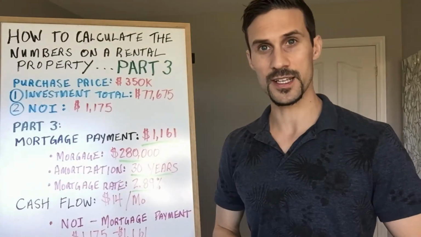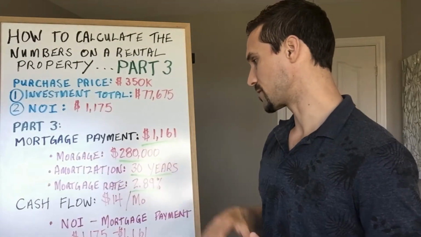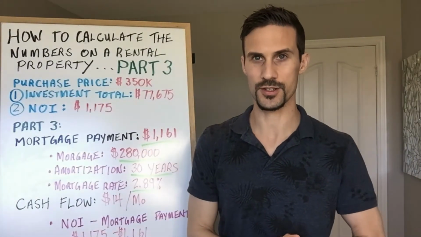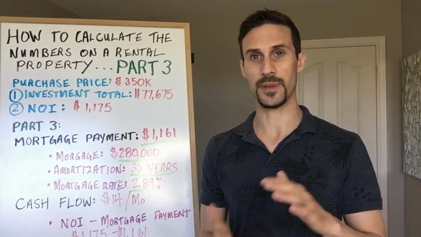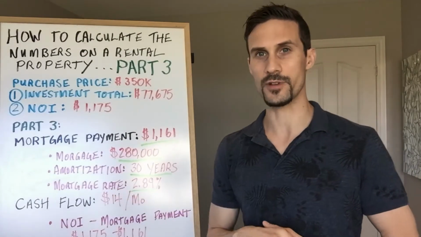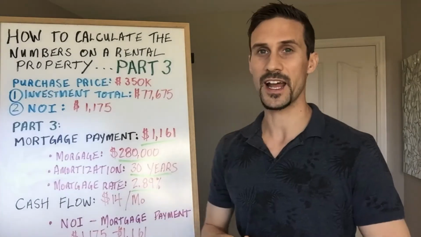I had the amortization period as 30 years, and I had the mortgage rate of 2.89. How did I come up with the mortgage interest rate? I go to another site that has real-time, day-to-day comparisons of the best interest rates, and I took a CIBC rate of 2.89, a 2-year, and I use that as the interest rate.